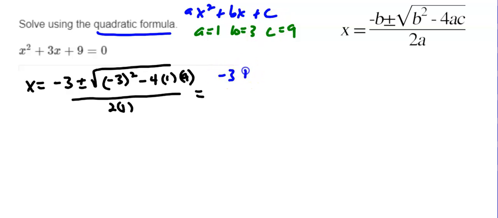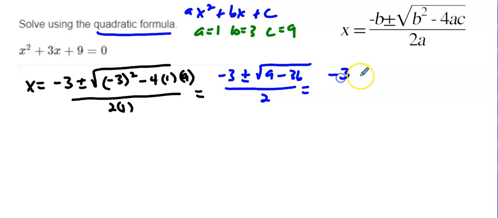Negative 3 plus or minus the square root of 9 minus 36, all over 2, which gives me negative 3 plus or minus the square root of negative 27 all over 2. So from here, much like we did on the previous problem, I have to simplify the square root of this negative 27.